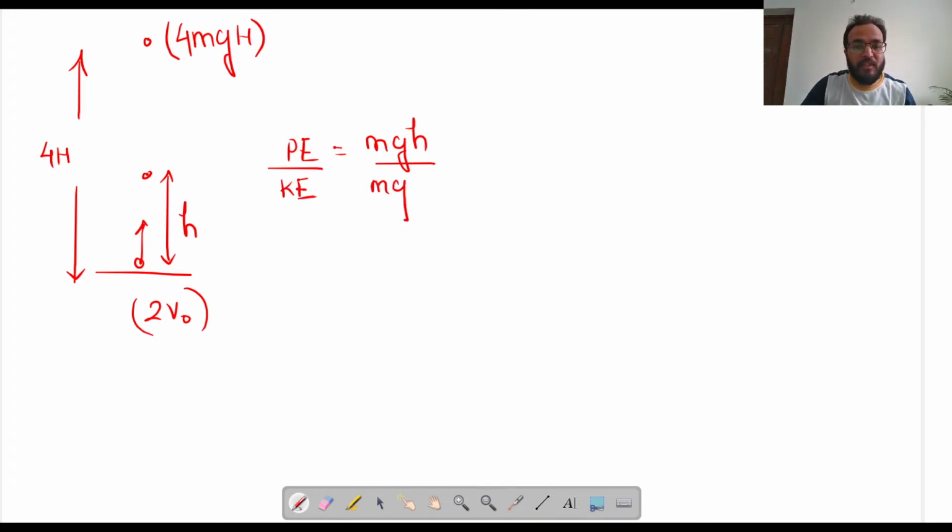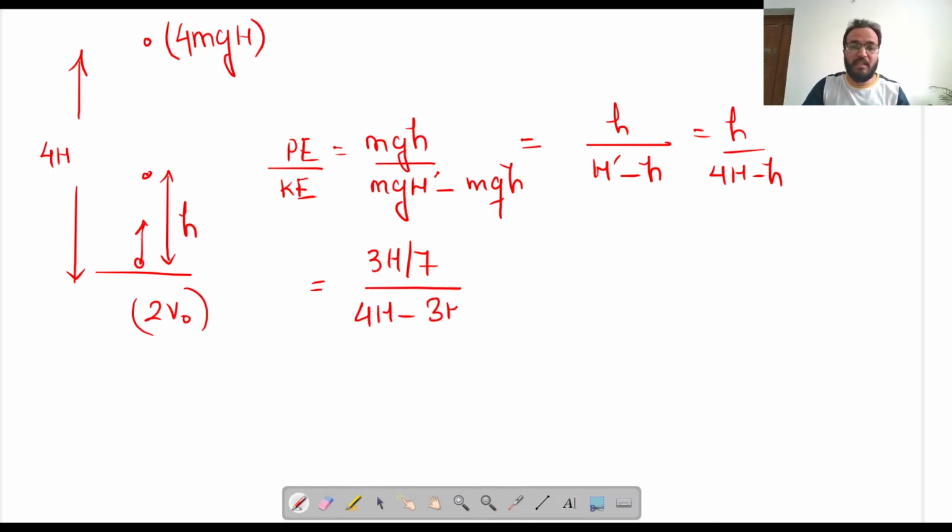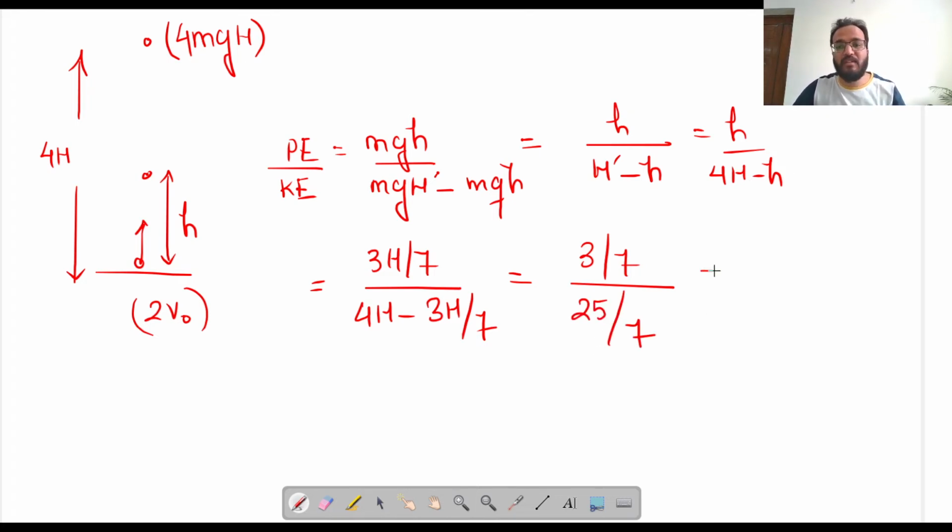It is mg into H dash minus mg into small h. So the ratio is small h upon H dash minus h, that is small h upon 4H minus h. So this ratio will become 3H by 7 upon 4H minus 3H by 7. So it will be 3 by 7 upon 7 4s are 28 minus 3 is 25 upon 7. So the answer will be 3:25.